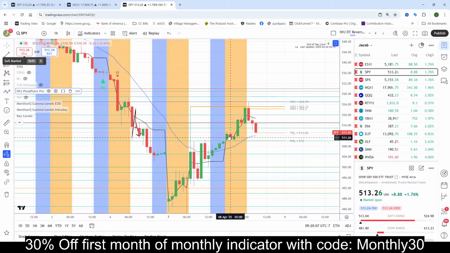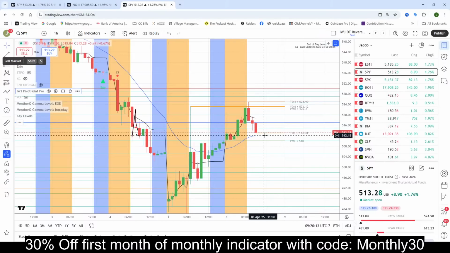All right, they are coming into this zone of support, and the hourly 21 is also sitting right here at 512.15. So that is also going to be a point where we'd look for the market to bounce.